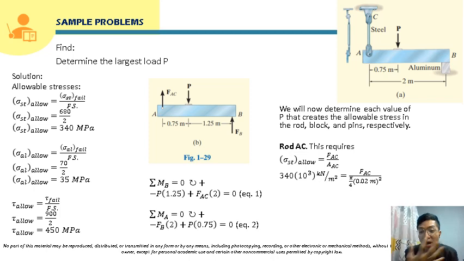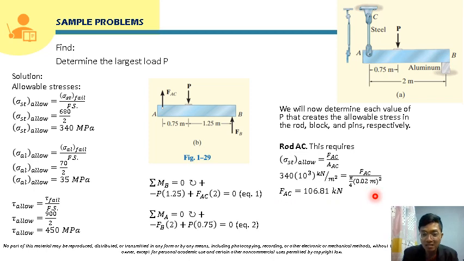In the problem, the given diameter is 20 mm, so we will convert it into meters since the unit that we use here is meter squared. We just divide by 1000, so the diameter will be 0.02 meter.